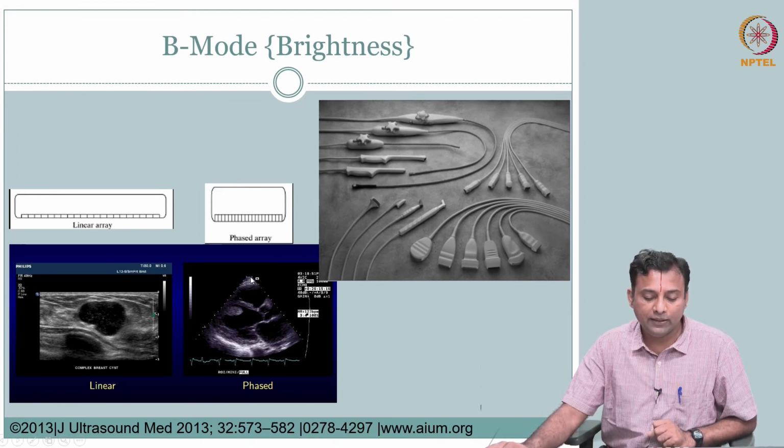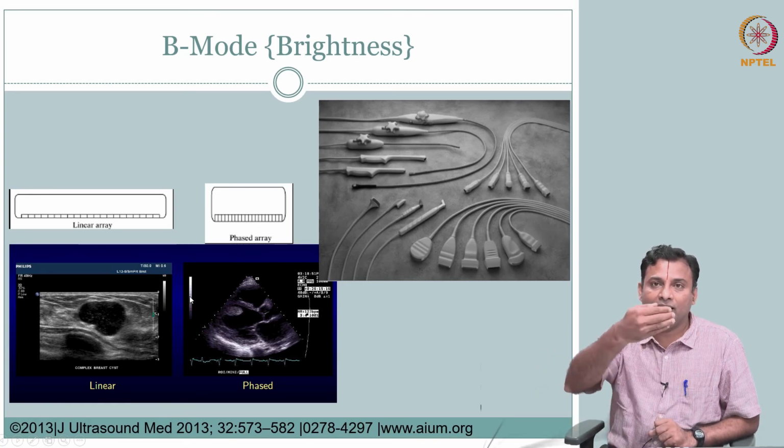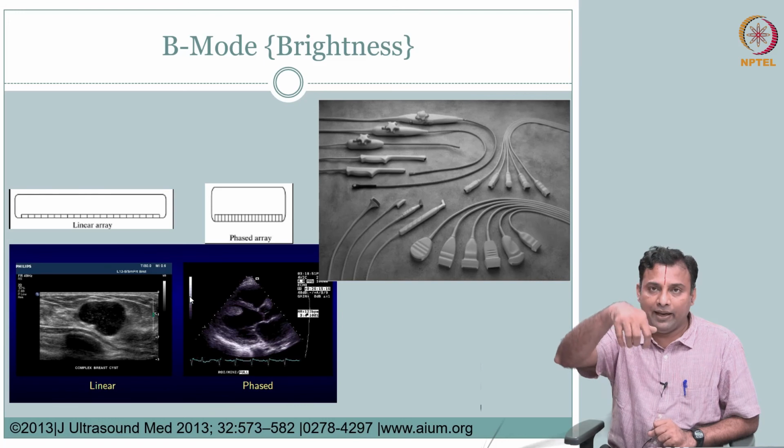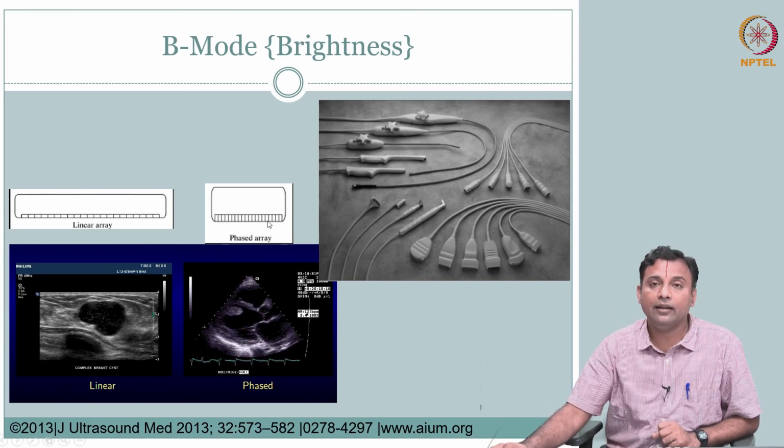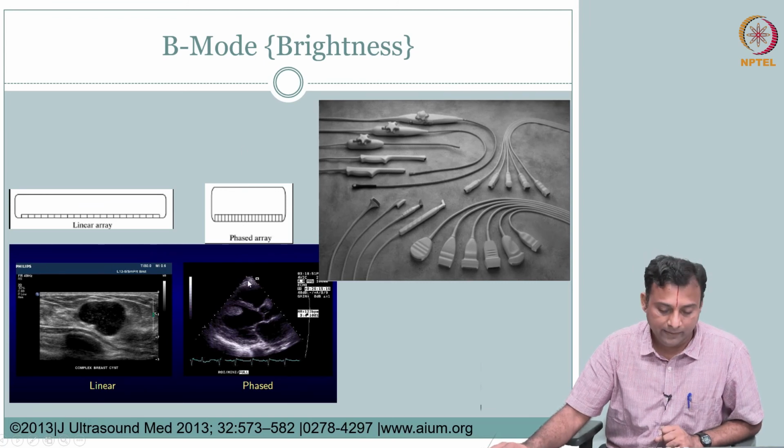What you see here is, you have one A line, you have another A line, you have another A line, each one has been fired at a different angle. So, instead of this mechanical articulation like a sector that we talked about, here the same array is standing there, and it is able to send to different directions and collect A lines. So, let us see how it is done.